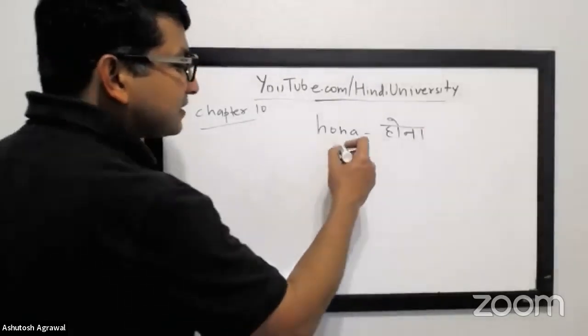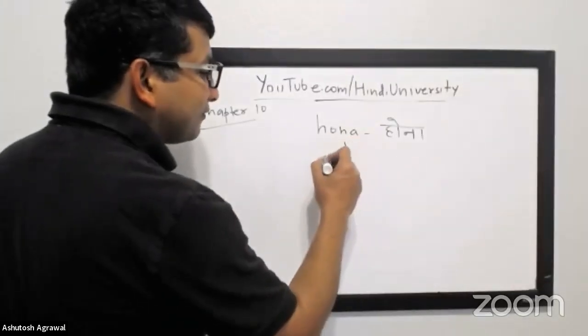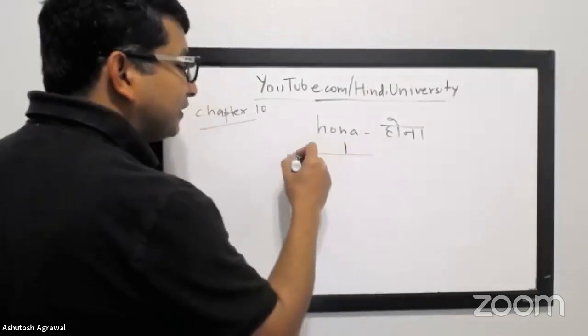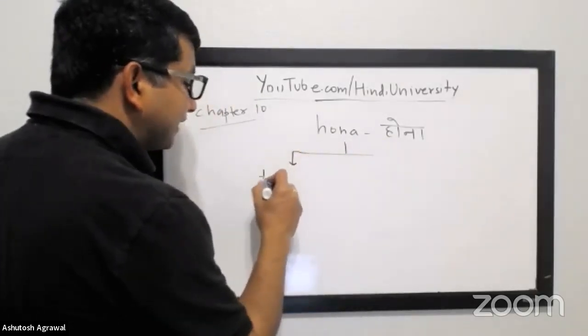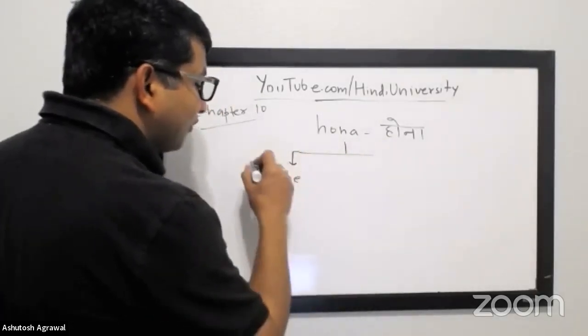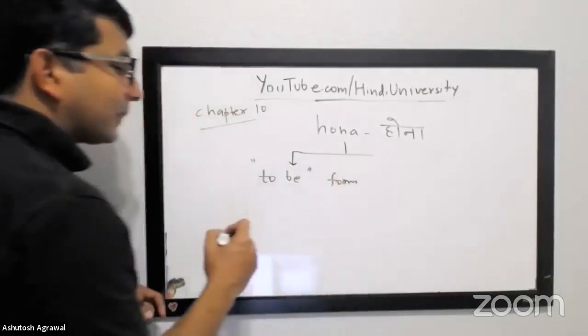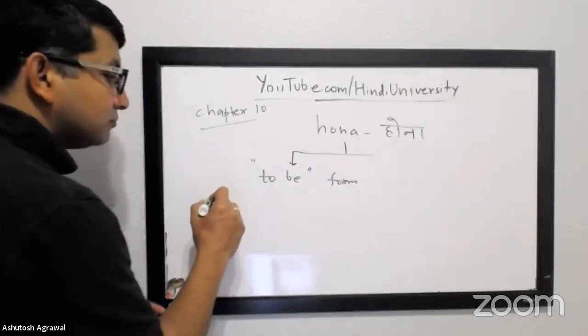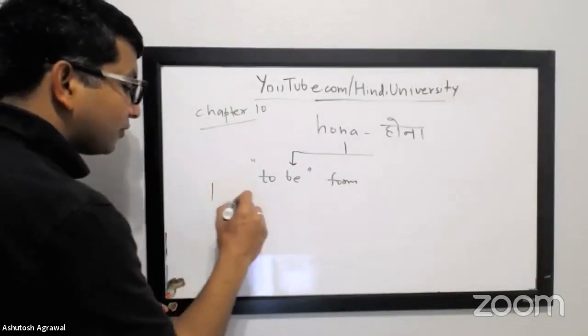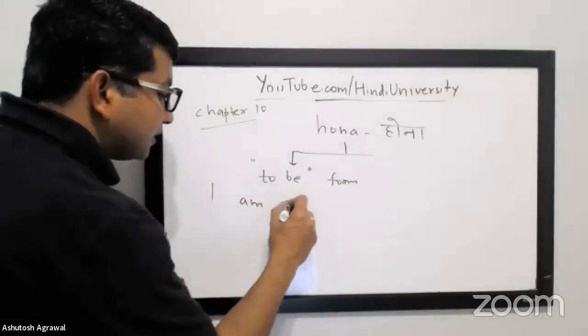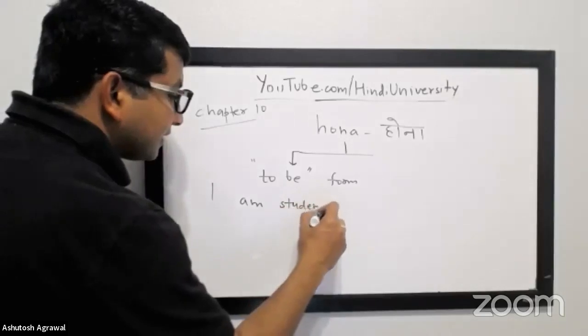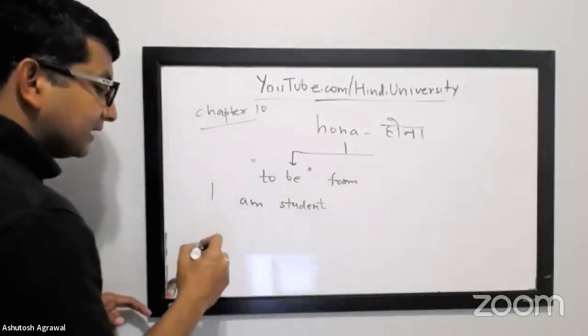In the earlier classes, you might have learned it as the to be form of the verb. Let's say you want to say "I am a student" in Hindi.